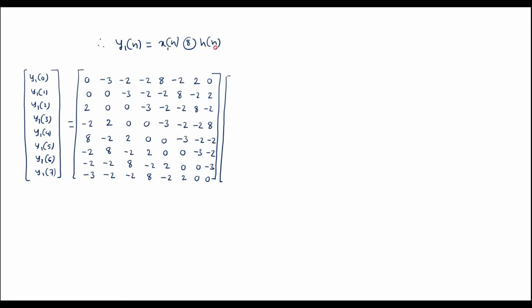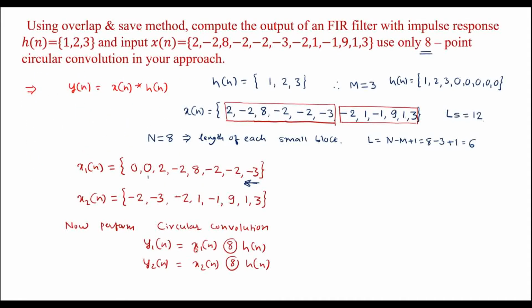Now we have the column matrix, that is h of n. So here h of n will be obtained as, so here we have 1, 2, 3, the length of h of n, and each smaller block should have the same length.